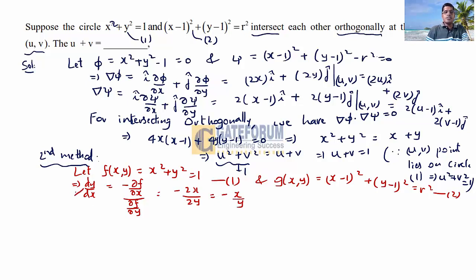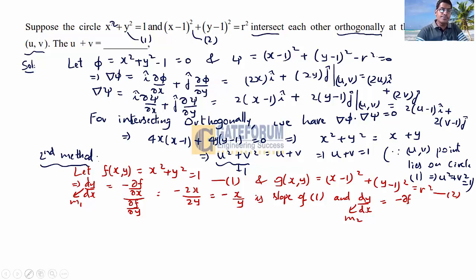So, let us denote this as slope m1, the slope of curve 1, that is the slope of the tangent to curve 1. And dy by dx, the slope of the tangent to the curve, that is to circle 2, usually denoted by m2, is also from the partial derivatives. This is minus dou g by dou x divided by dou g by dou y.